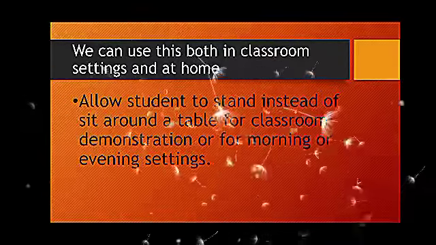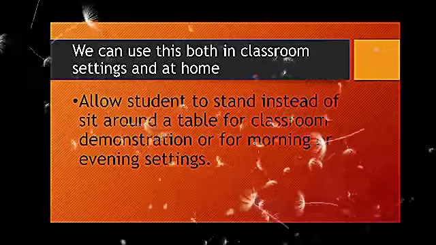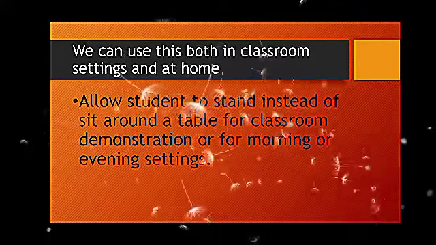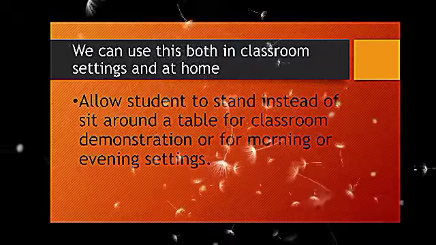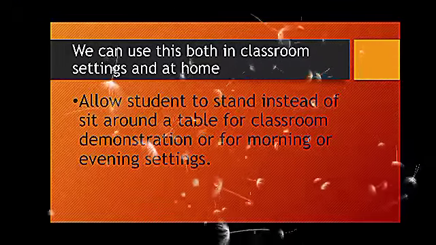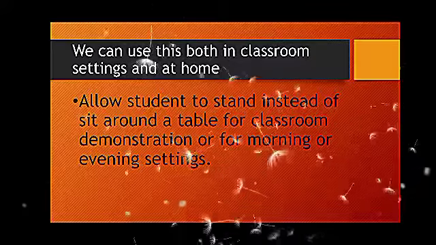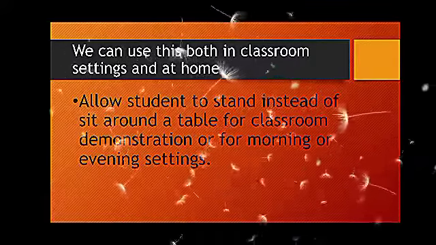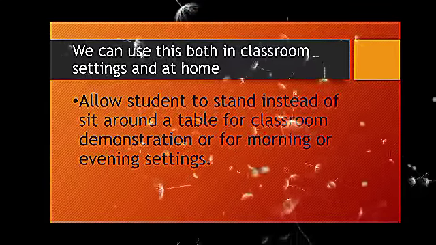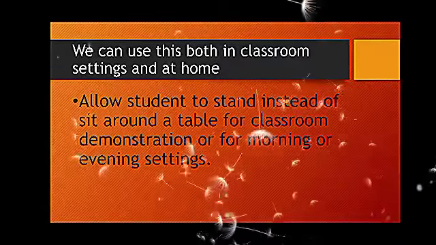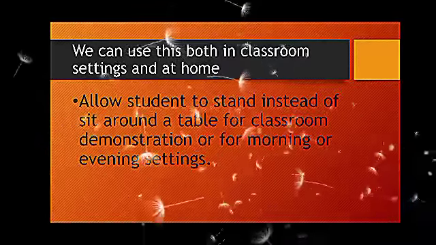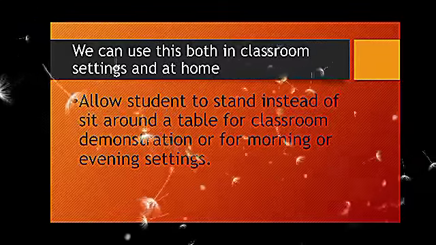Next is allow students to stand instead of sit around a table for classroom demonstration or for morning or evening settings. So basically we always allow students to sit, and whatever you want to learn, you can learn. We always make them sit. I'm sorry, allow students to stand instead of sit.